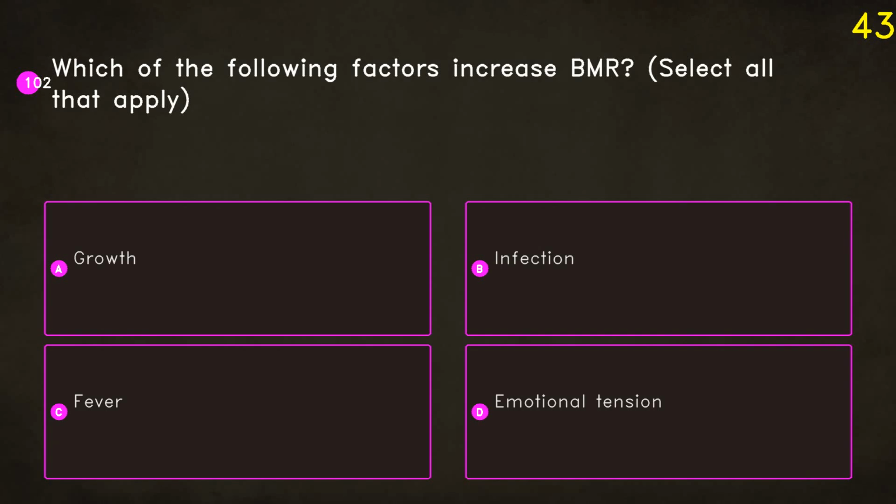Question 102. Which of the following factors increase BMR? Select all that apply. A. Growth. B. Infection. C. A fever. D. Emotional tension.